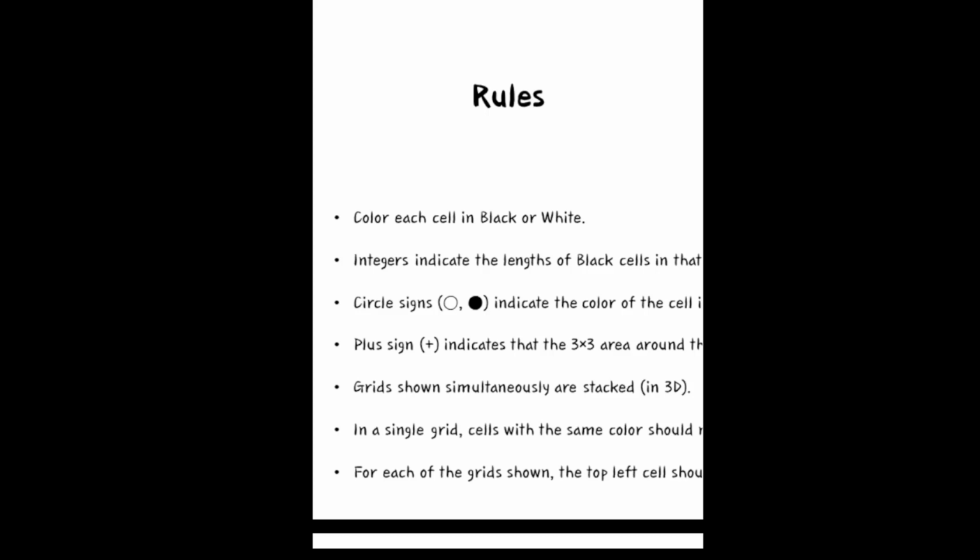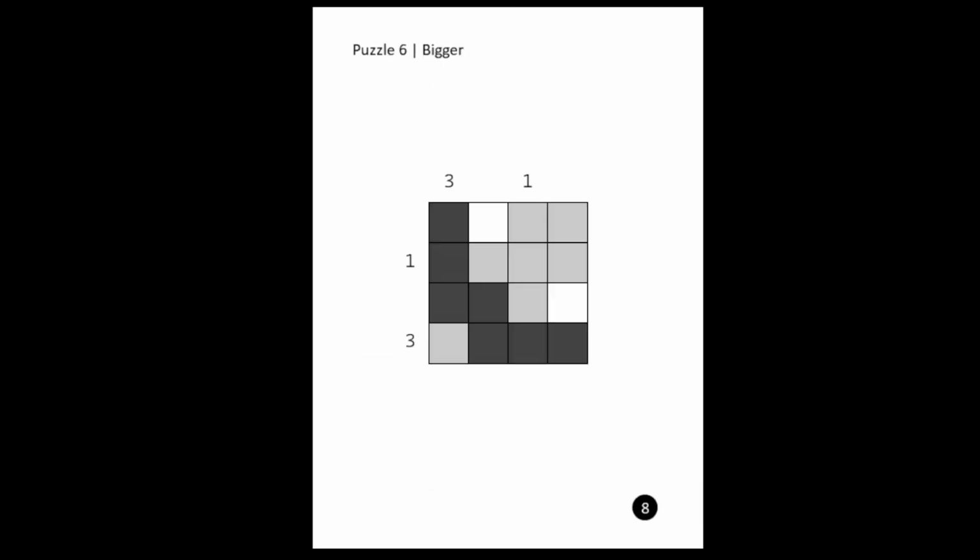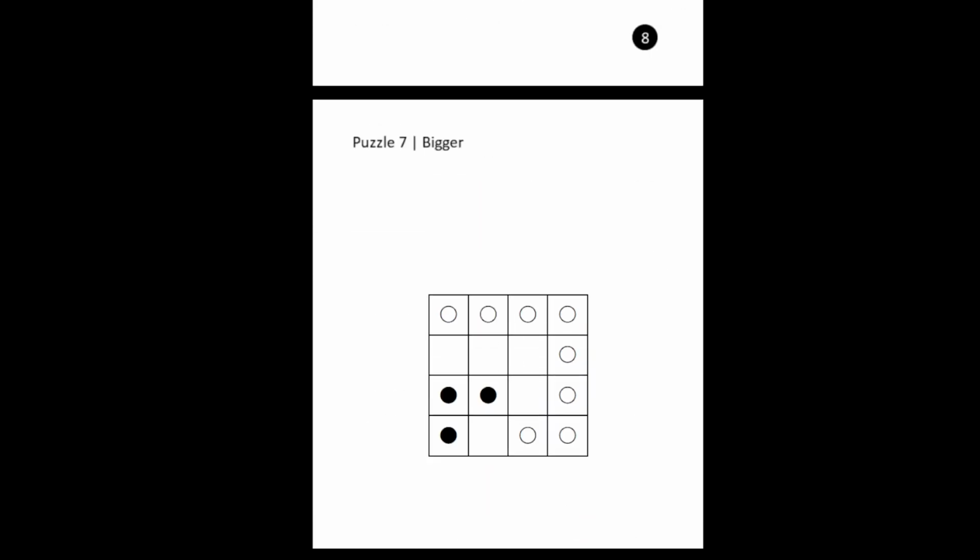In a single grid, cells with the same color should not be separated? Hmm. I don't know. I might have to do some skipping around. Okay, so if we assume this, that works nicely with the upper left always being black, right?